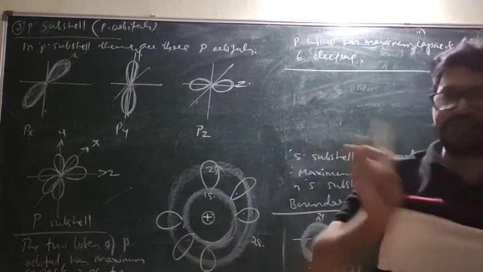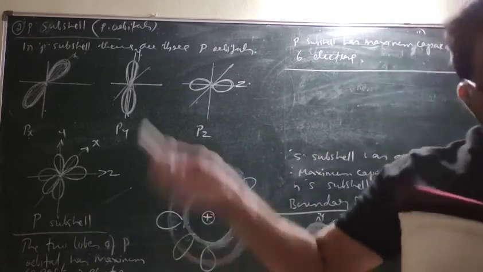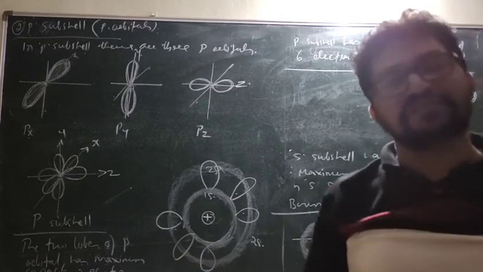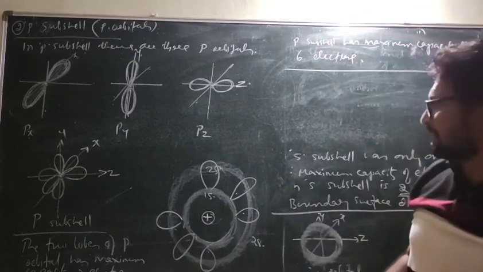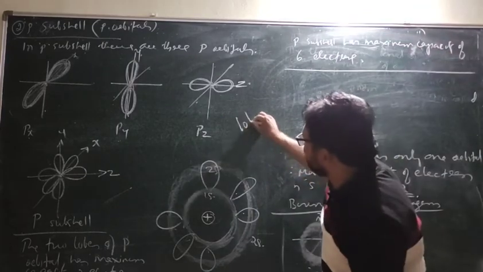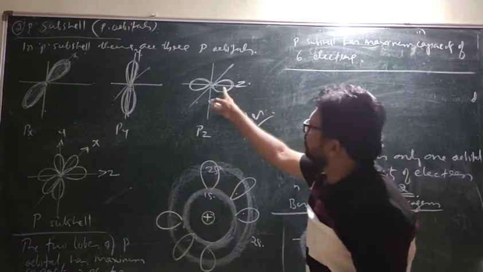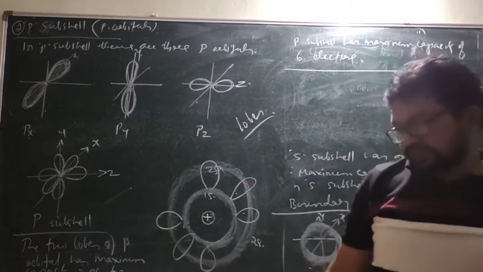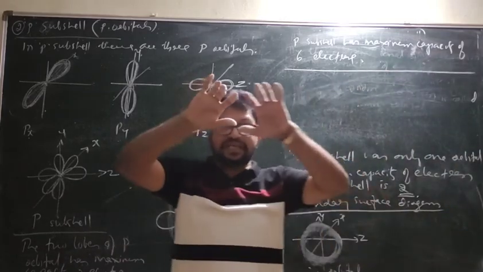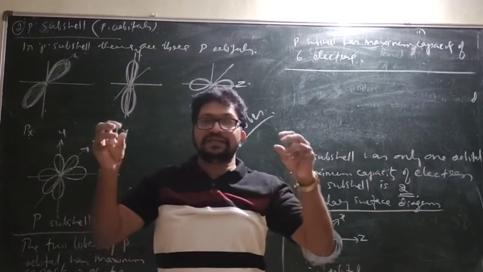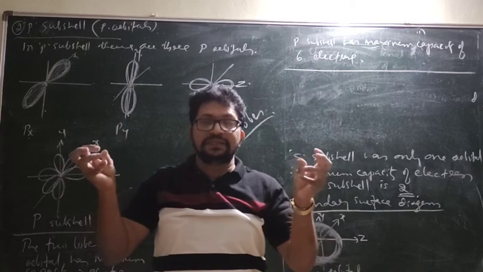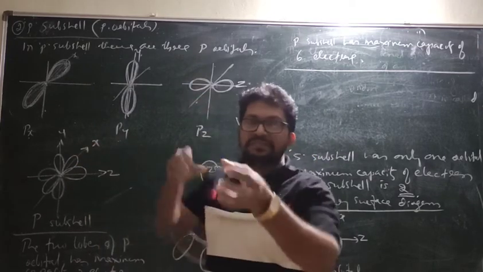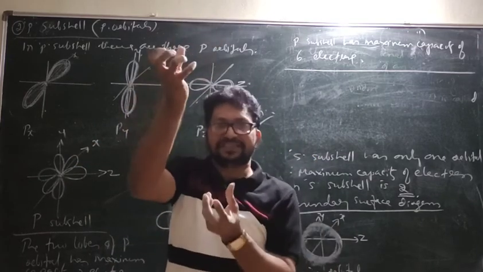Now in the NCERT book they are not using the word dumbbell. In the earlier state textbooks that word was there. Now they are called lobes. This is one lobe, this is another lobe. So in the L shell, there is a sphere and there are Pz, Px, Py.